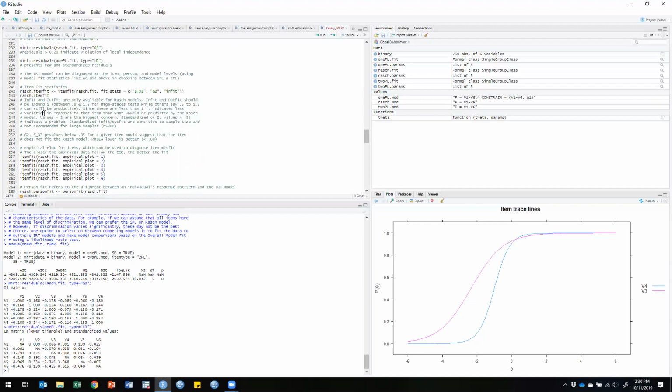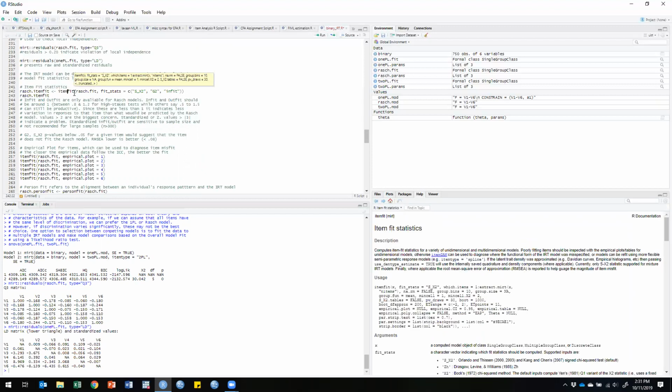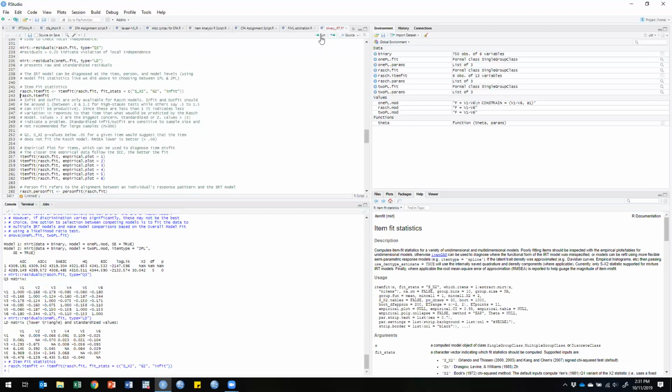At the item level, the package has a bunch of item fit statistics. So let's say for our Rasch model, we can get some different fit statistics to describe how well each item fits the IRT model.